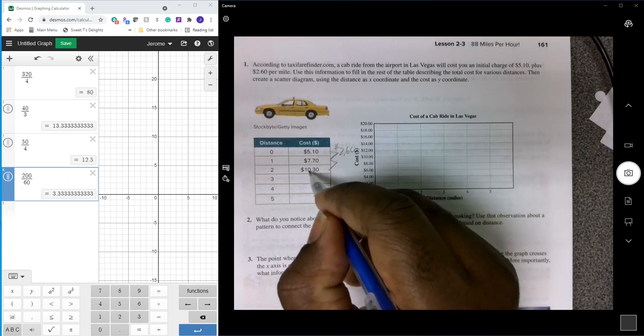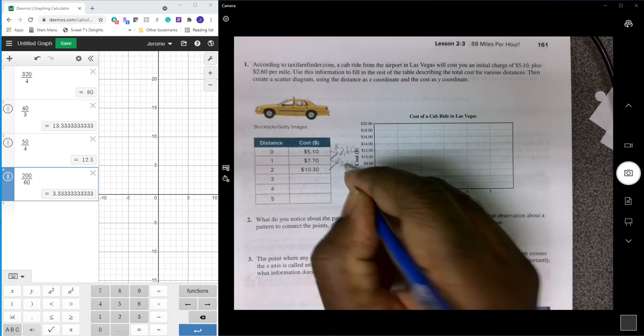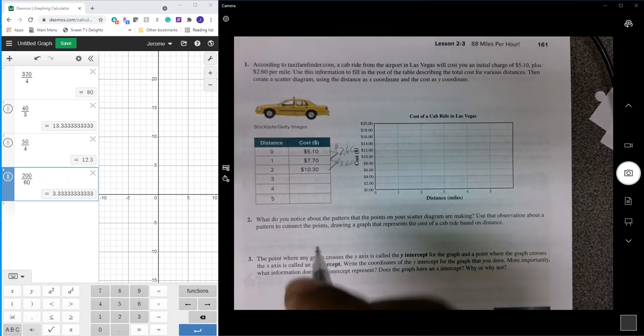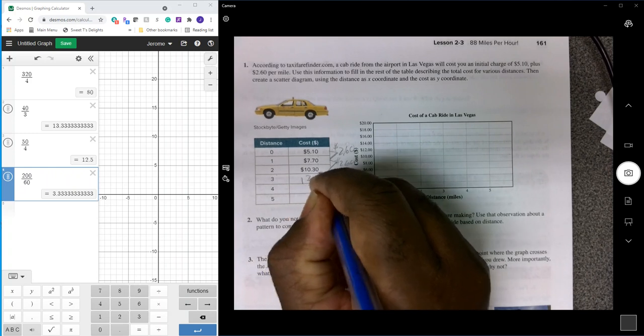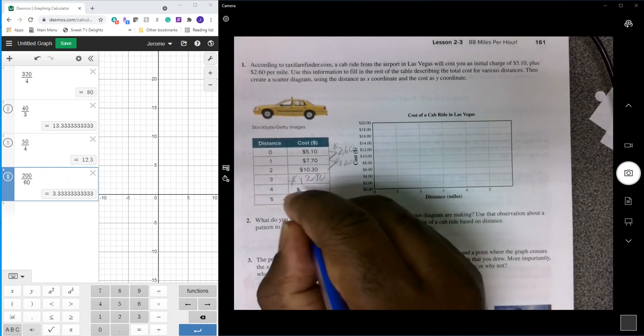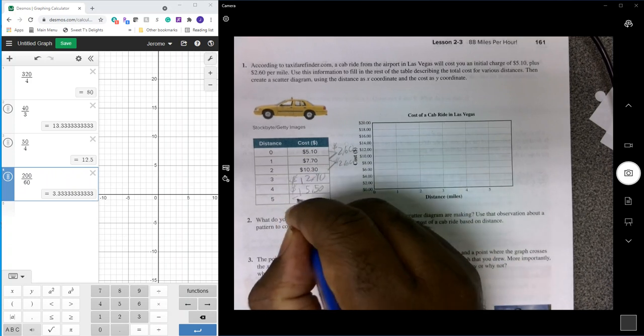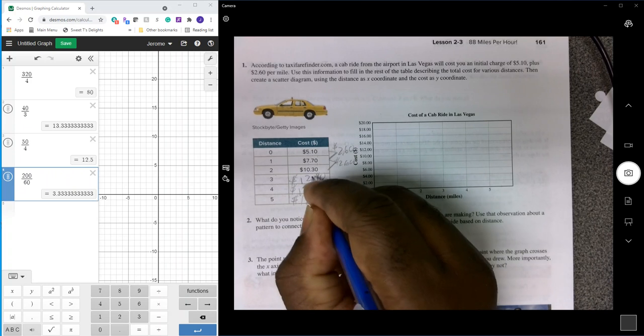So 1030 minus 770 is another $2.60. So it's going up $2.60. So this would be $12.90. This would be $15.50. And then finally, this would be $18.10.